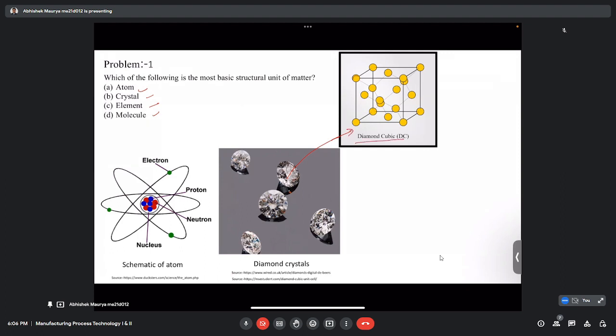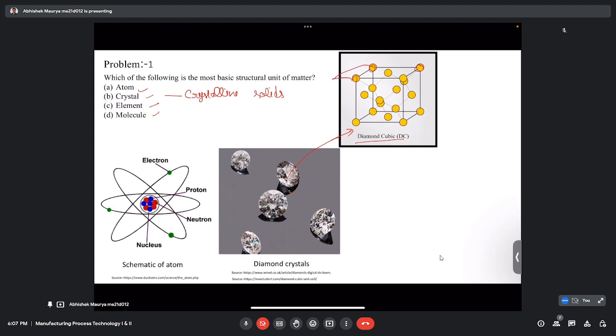So here is one carbon atom, and this pattern keeps on repeating for a long range. Those kinds of solids where atoms keep on repeating in a periodic manner for the long range are called crystalline solids. But inside crystalline solids also, the basic unit is atom.